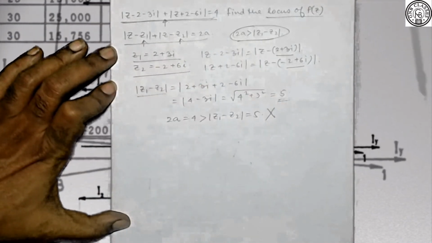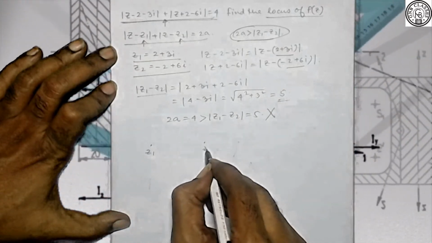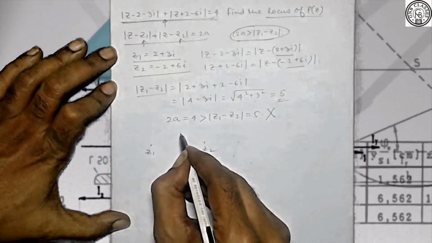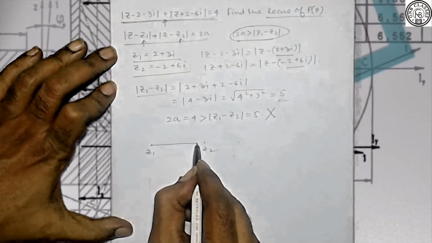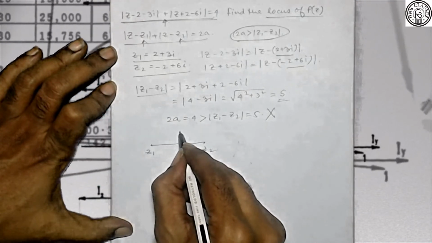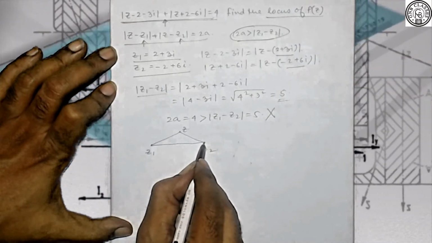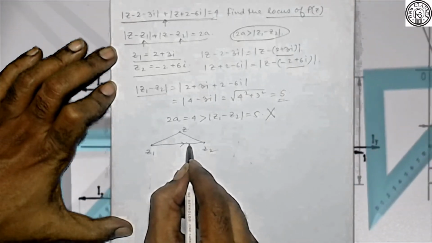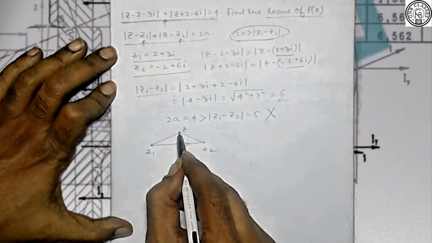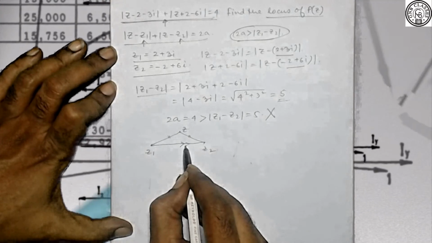Then what does it represent? See, here it is z1 and here it is z2. So z cannot be anywhere outside the line joining z1 and z2, because if z is over here, then the sum of these two distances must be greater than this. Why? Because we know that the sum of two sides of any triangle is greater than the third side.